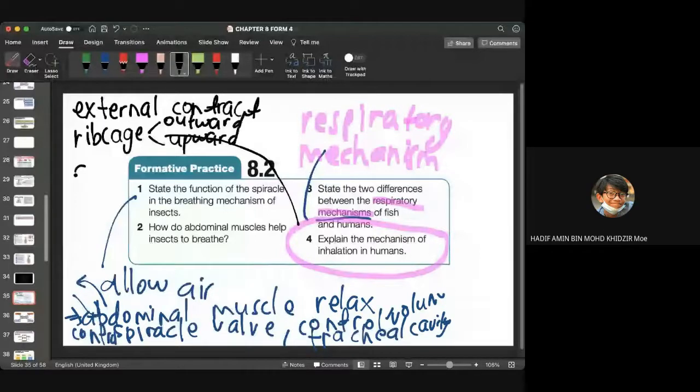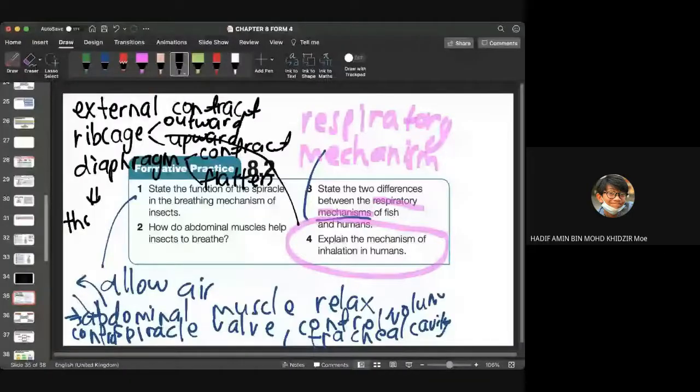Lagi? Then the volume of the thorax cavity increases and the pressure of the thorax cavity decreases. Betul. Lepas tu? The higher atmospheric pressure from outside forces air into the lungs.